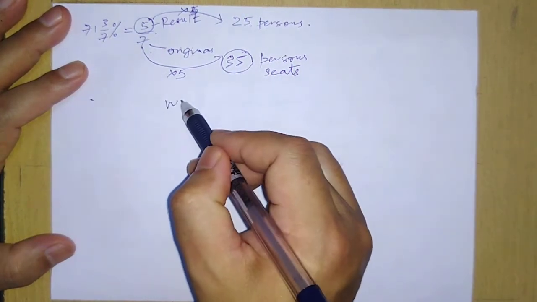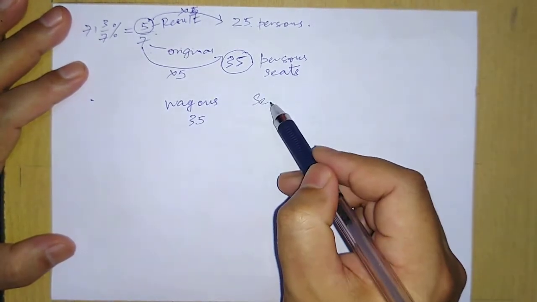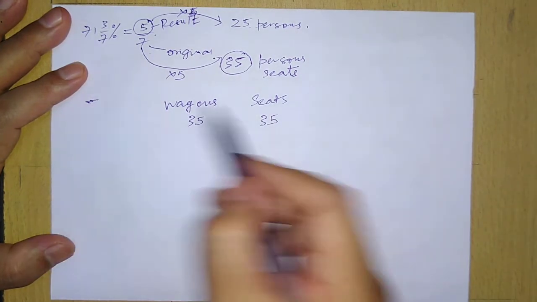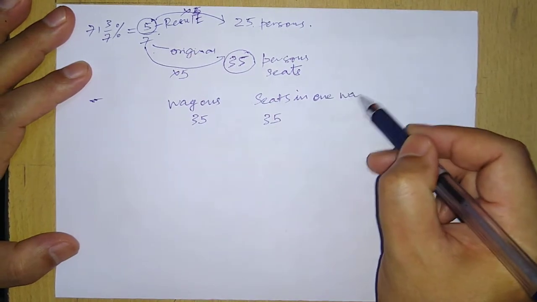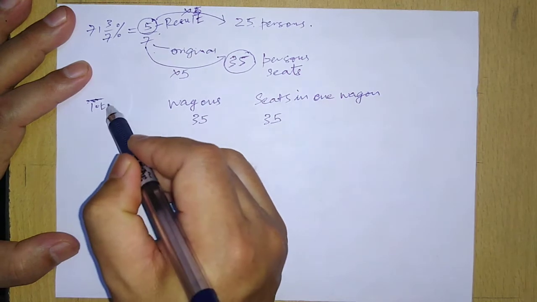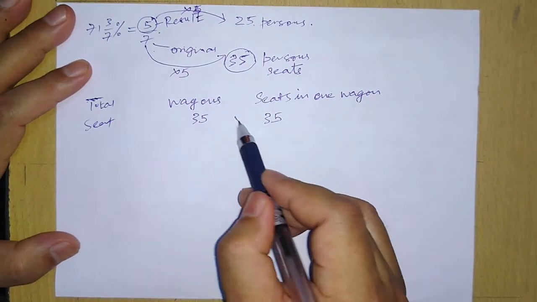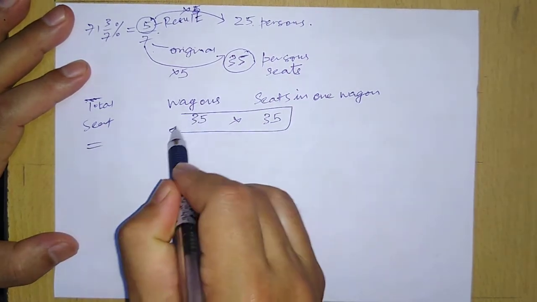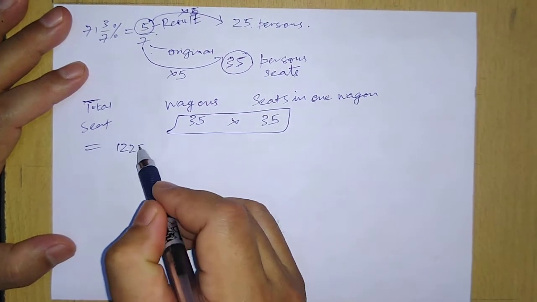So we have wagons as how much? 35, and seats is also 35 in one wagon. So our total seats will be 35 into 35. If we multiply this, we will get 1225.